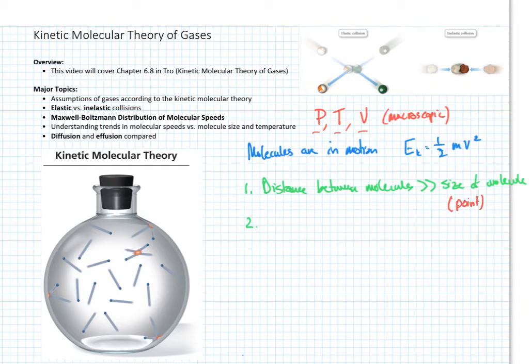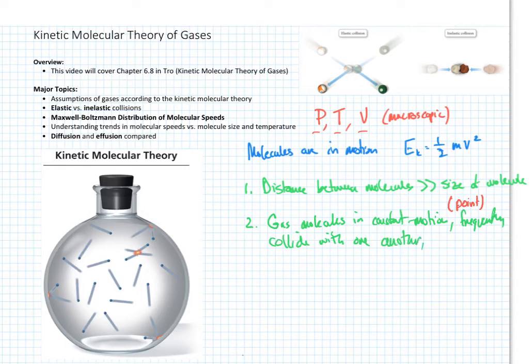The second is that the gas molecules are in constant motion, and they frequently collide with one another, and those collisions are completely elastic.